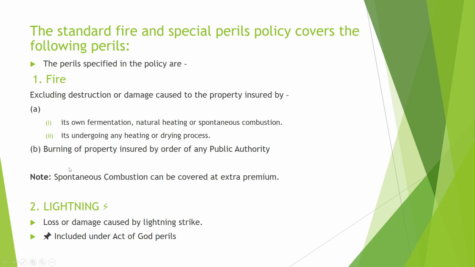Please note, spontaneous combustion can be covered at extra premium. If you want to cover spontaneous combustion, you can take an add-on and pay some extra premium to cover it. So I am talking about what cannot be covered. Anything else can be covered under a fire policy.